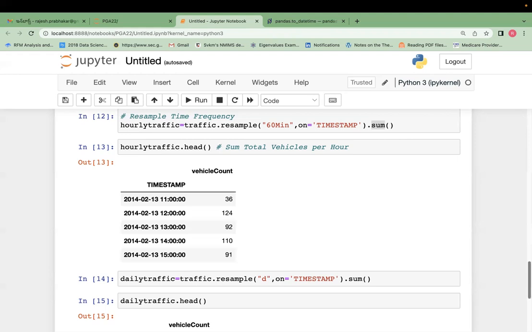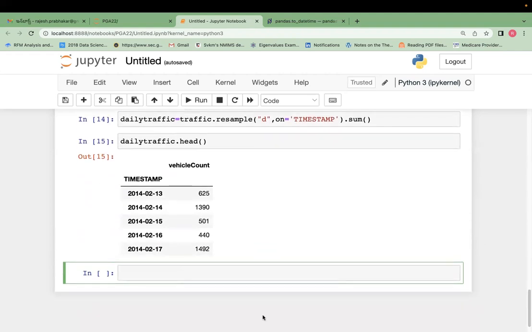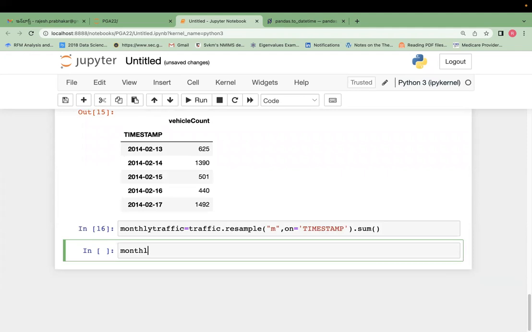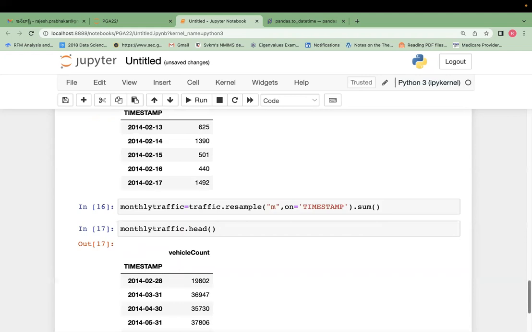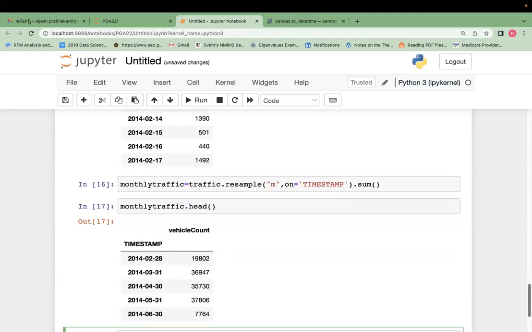All right. So if you want to convert it into monthly traffic, it is equal to traffic dot resample, small n, comma, on is equal to timestamp, dot sum. Monthly traffic dot head. You have every month: February, March, April, May, June.